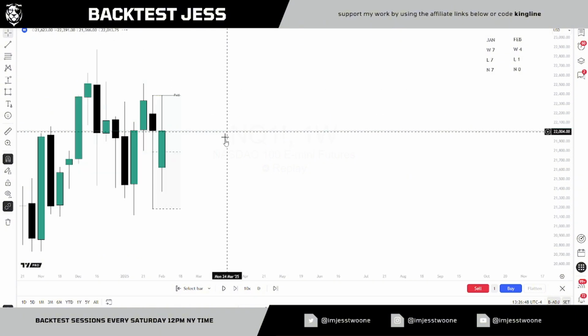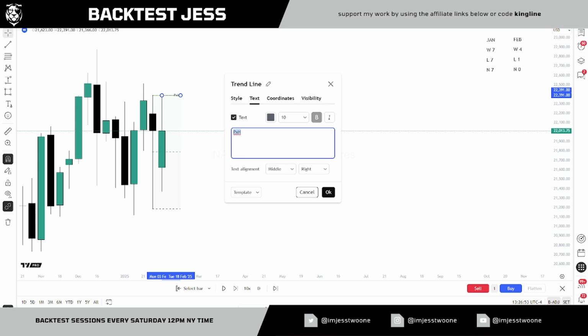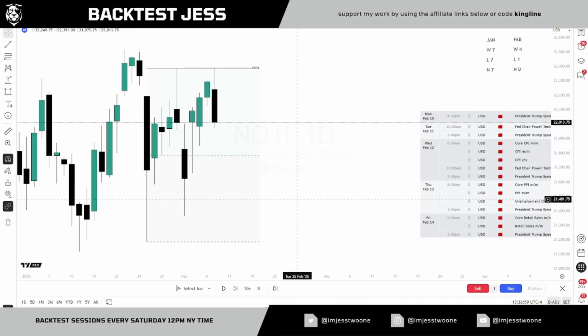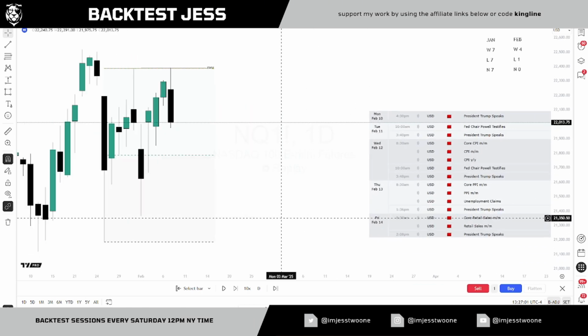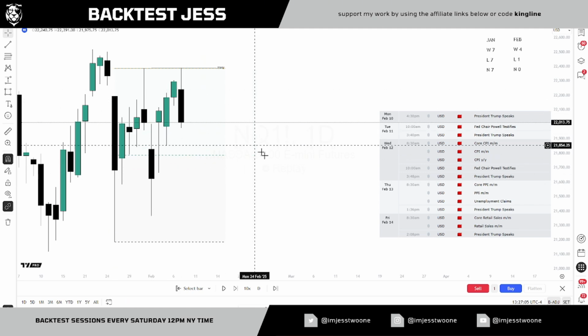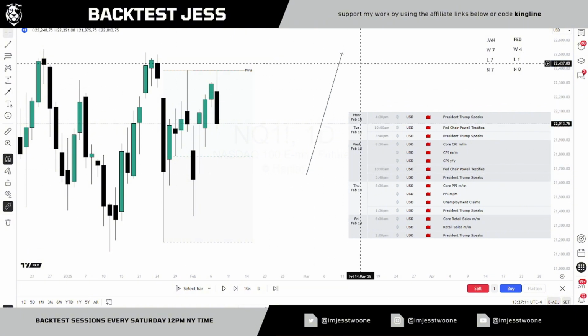Okay, so weekly bias is bullish based on this. Let me put in previous week's high. So weekly bias is bullish. That means on the daily chart, we are waiting for some sort of daily swing low to form, right? So again, weekly bias is bullish.